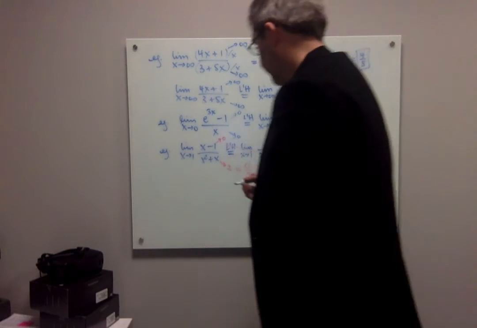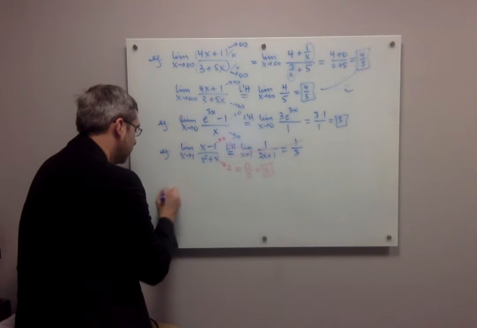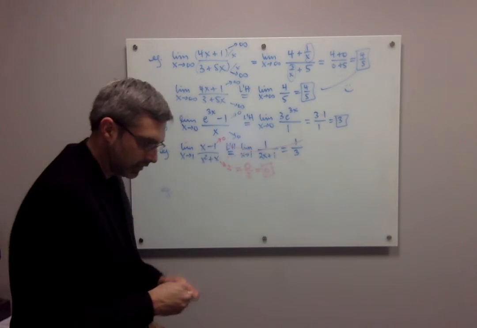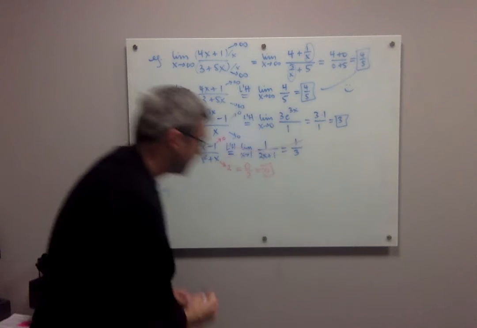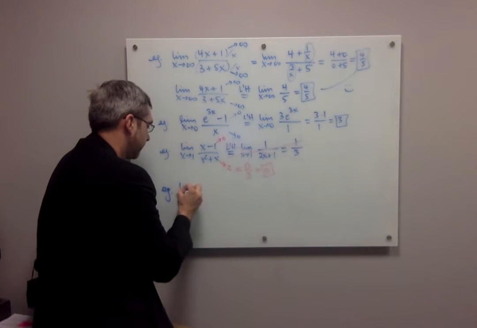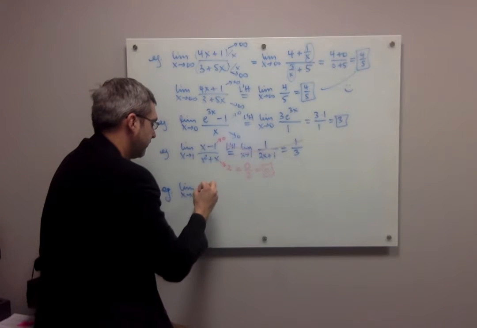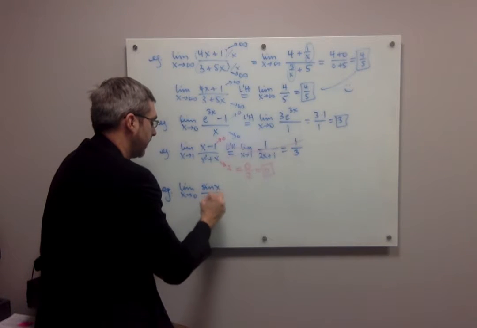All right, let's do another example. Limit as x goes to 0 of sine x over x.